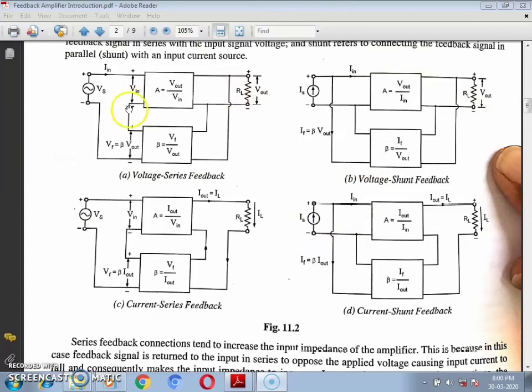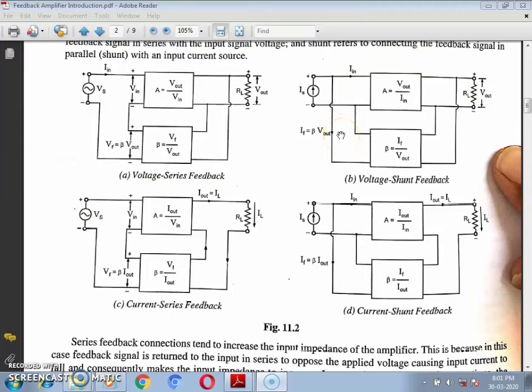So if you observe all these configurations, for a series feedback, the input to the basic amplifier is a voltage source, since for series, voltage gets distributed, whereas for a shunt configuration, the input to the basic amplifier is a current source, since for a parallel configuration, current gets divided.